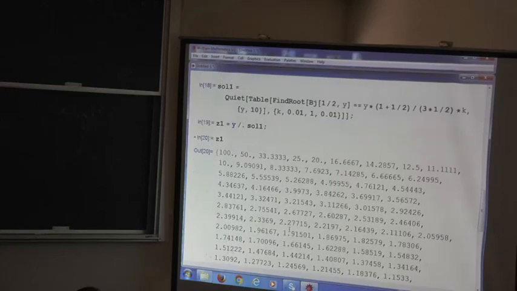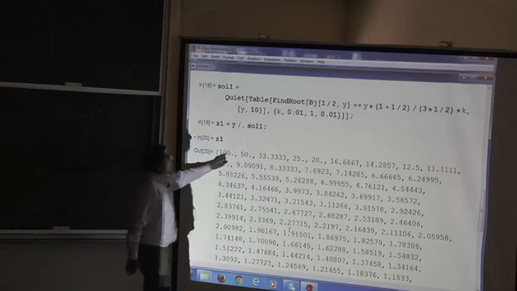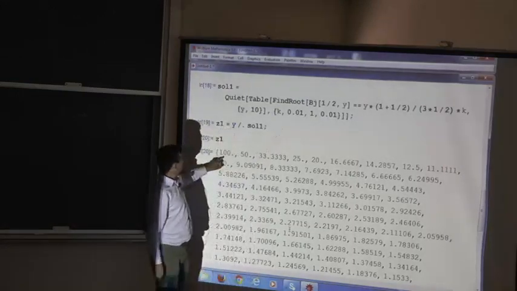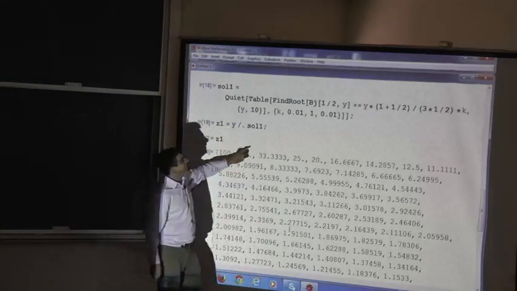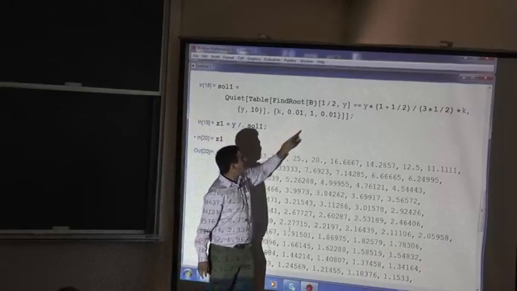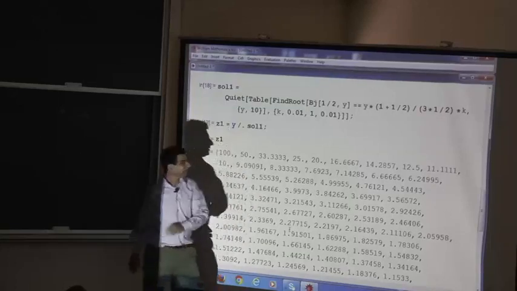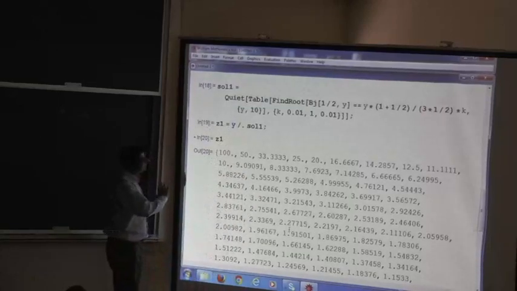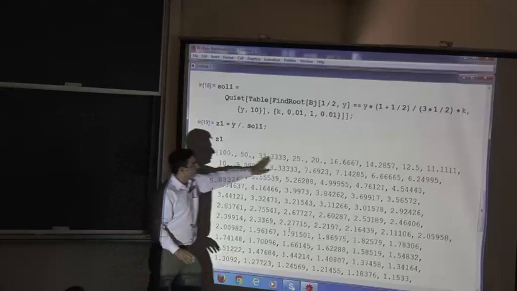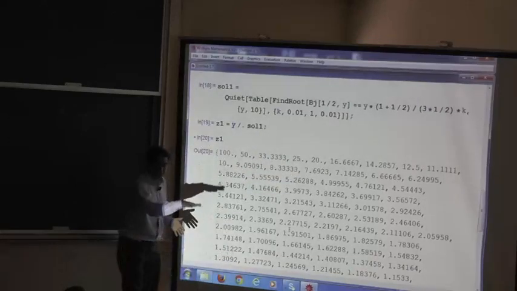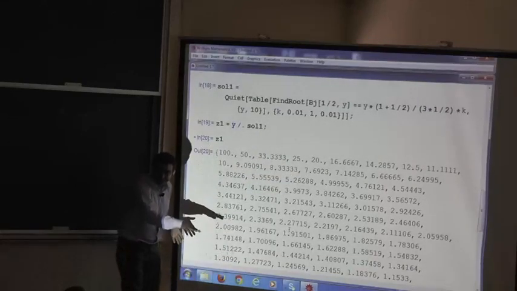These are the values of y's that I get. For 1% of the Curie point, my y is 100. For 0.2% of the Curie point, my y is 50, and so on. You will observe that as my temperature is increasing on this axis, the y is coming down and down and down.